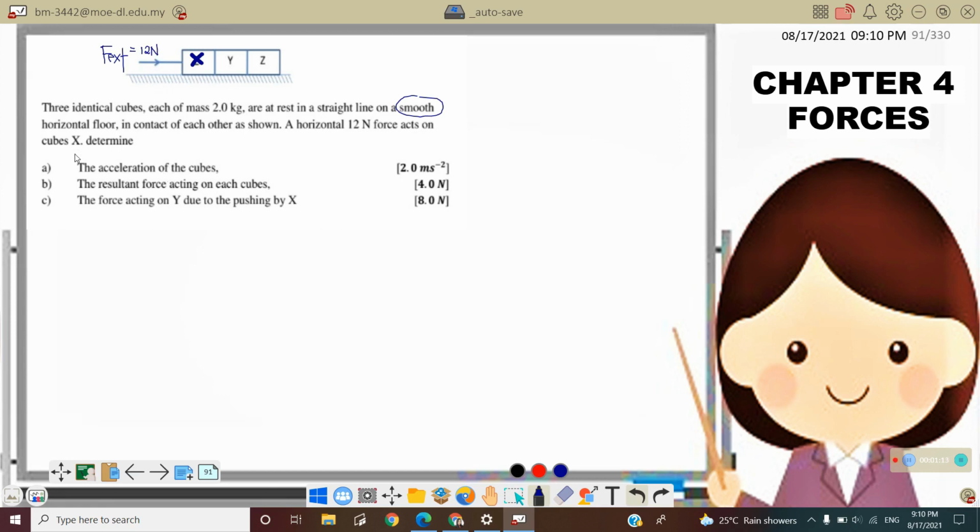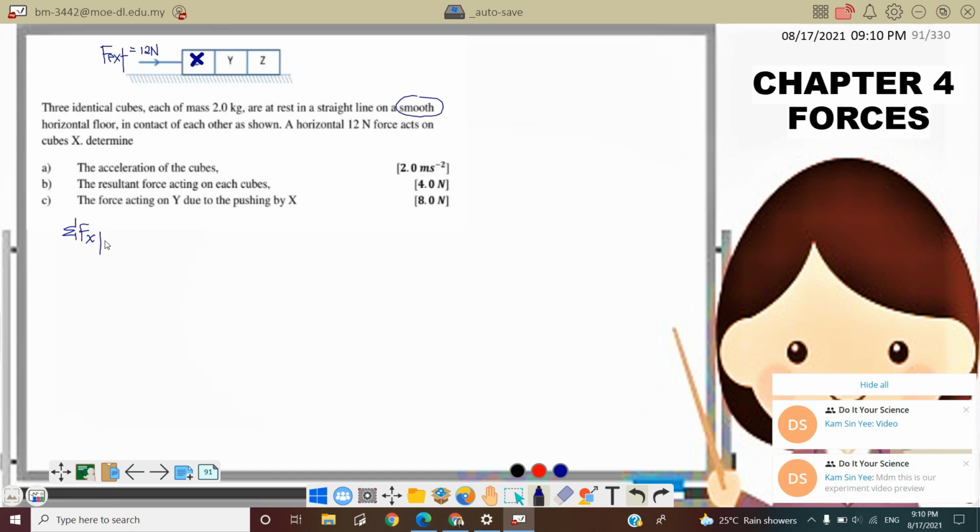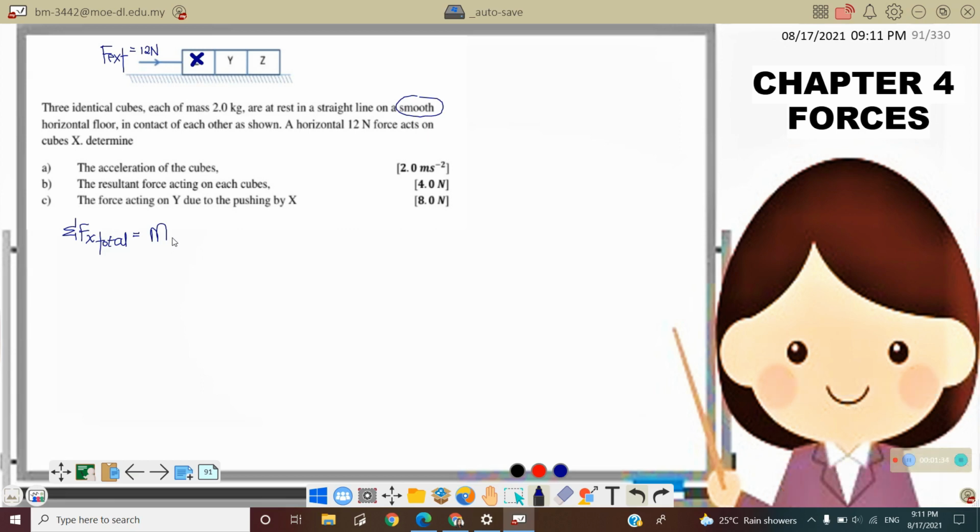The first question, A, the accelerations of the cubes. When you want to find the accelerations of the cubes, the easiest way is to use the total resultant force, so we can use F total equals ma. Because we are using F total, we also use the total mass.